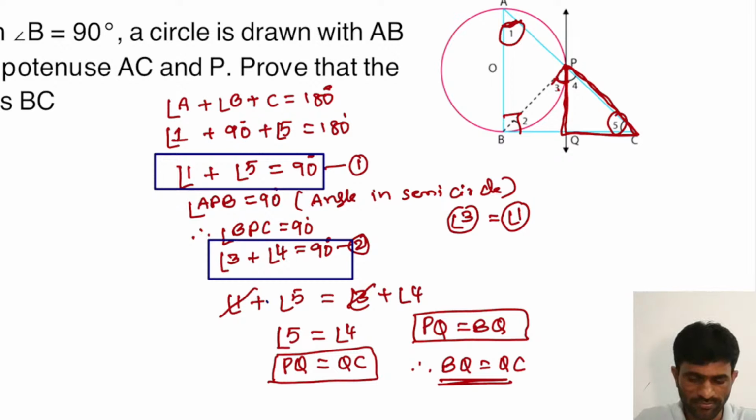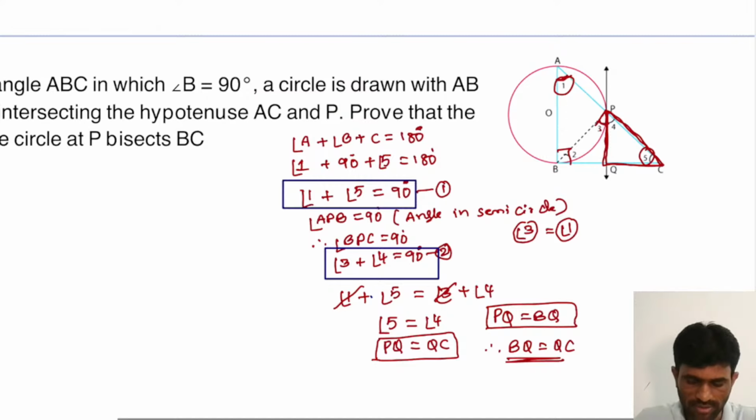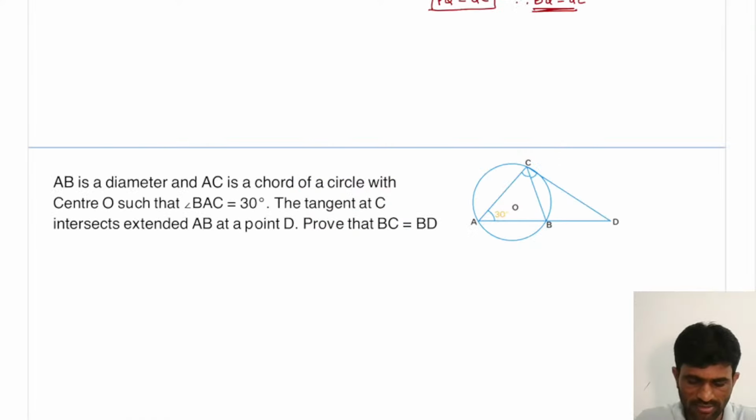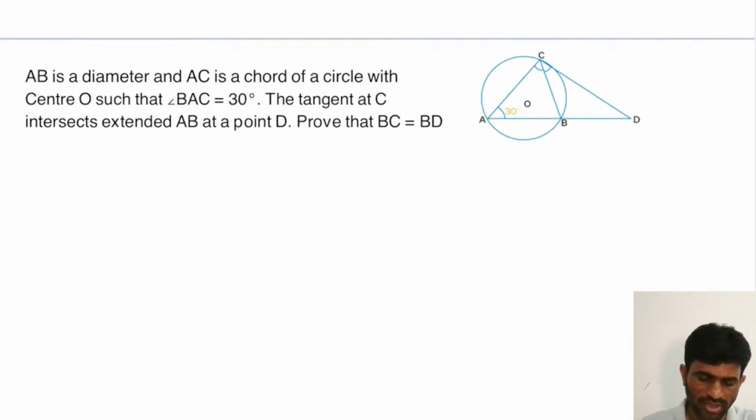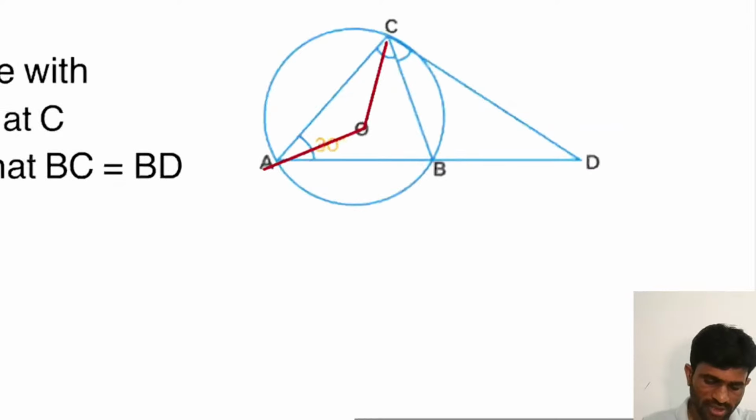Now the next one, this is the last one. Then by this we will end it. This is nothing but a problem we already did here. This is 30 degrees. We join these two. I explained this before also.